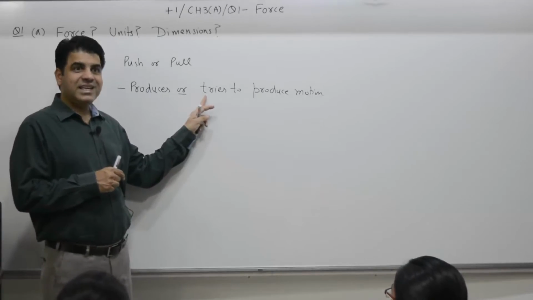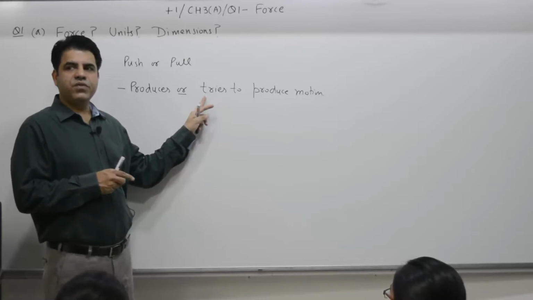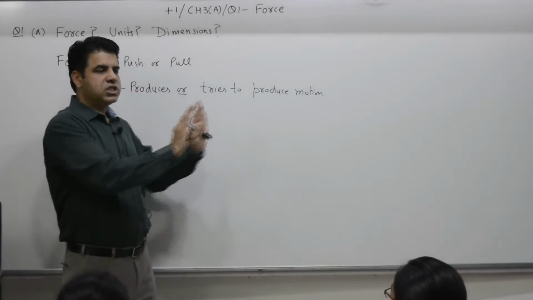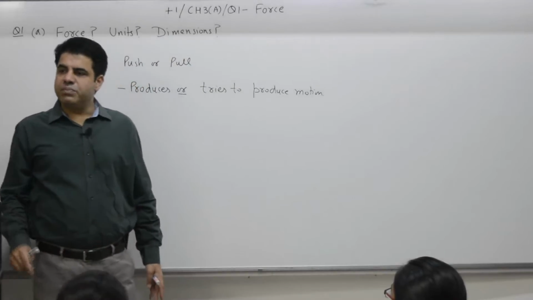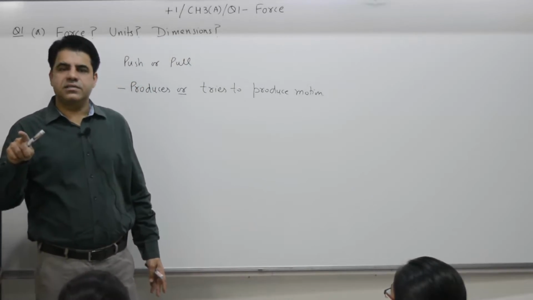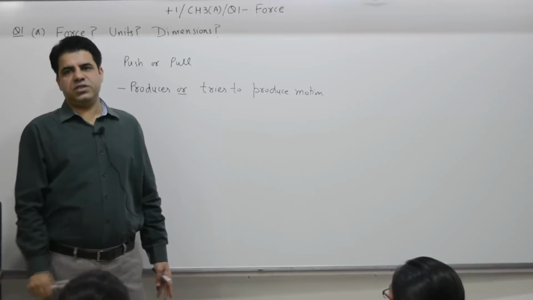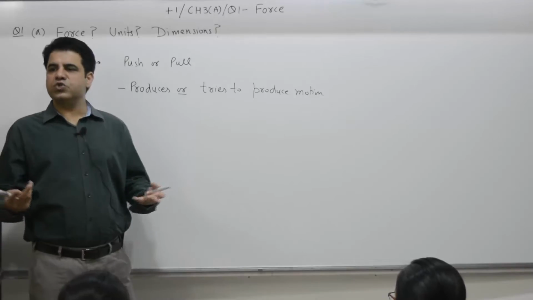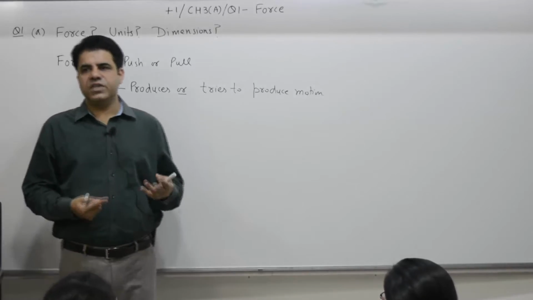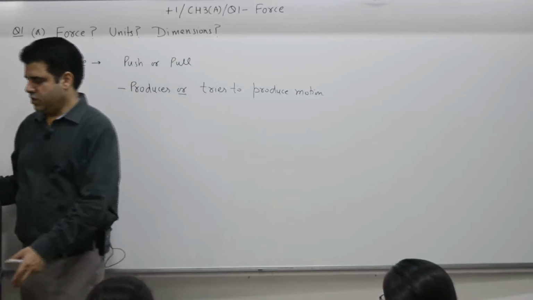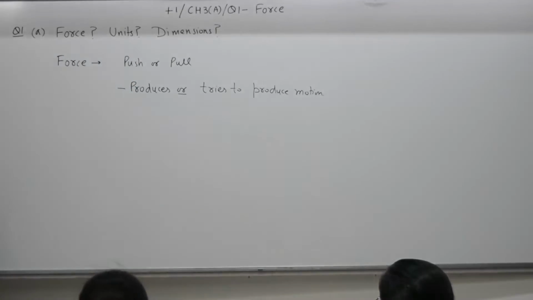If it doesn't, it tries. For example, a person pushes a train at rest. The person is trying to produce motion, but the outcome is not motion. The train still continues to be at rest. That's the first part: produces or tries to produce motion for an object at rest.